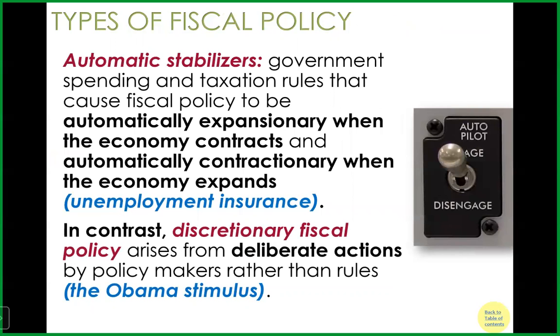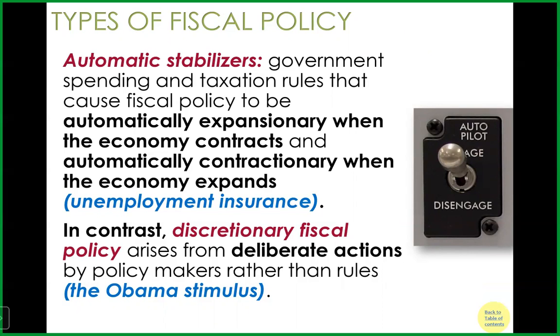Now, we are going to look at fiscal policy from a different aspect. Earlier, we talked about how we can characterize fiscal policy by differentiating it into expansionary and contractionary. Here we can differentiate it in terms of automatic stabilizers versus discretionary fiscal policy.